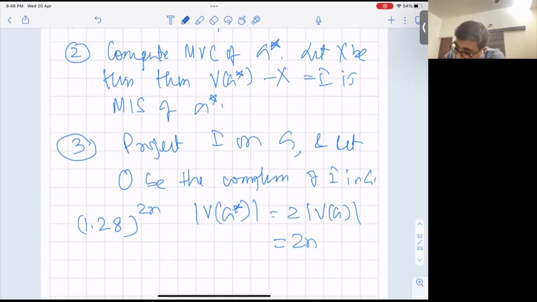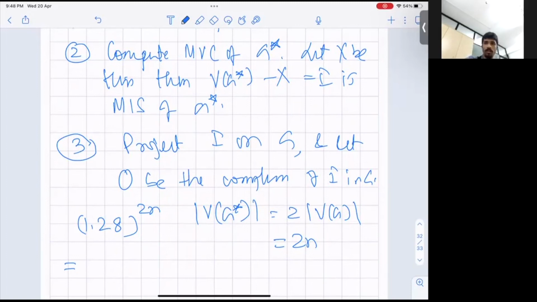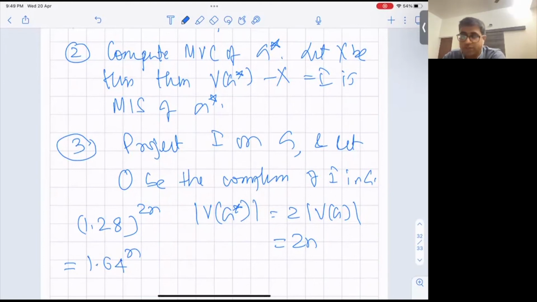So the running time is about 1.28 to the power 2n, roughly 1.64 to the n. If you use the best known algorithm for maximum independent set or minimum vertex cover, you will get something much below, below 1.5. These algorithms we constructed in the class.